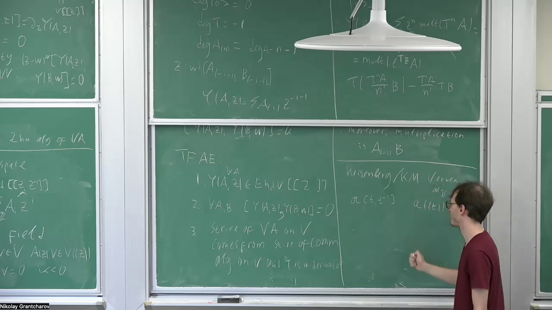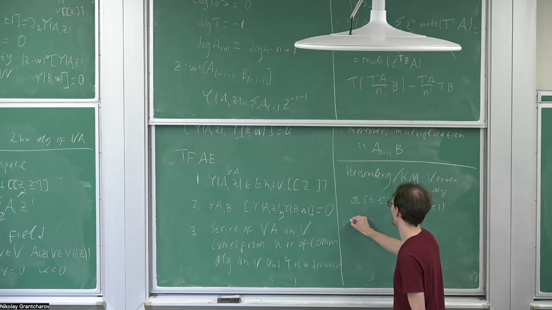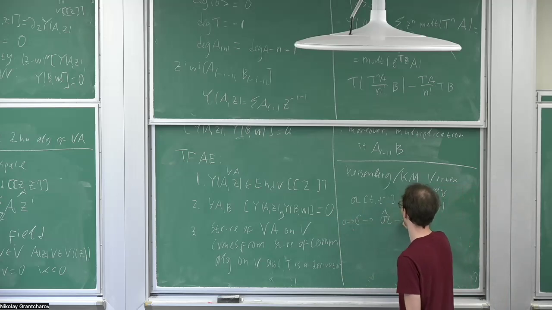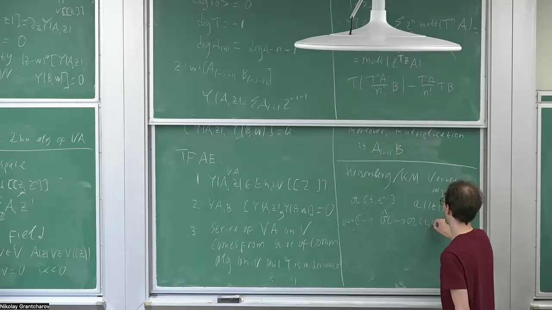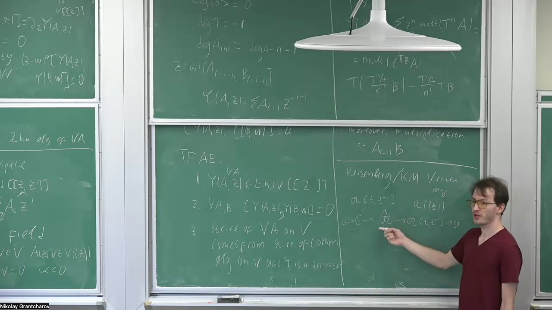It will not be very important for us right now, so we can use whatever. We consider the central extension, and this includes both Heisenberg and Kac-Moody.